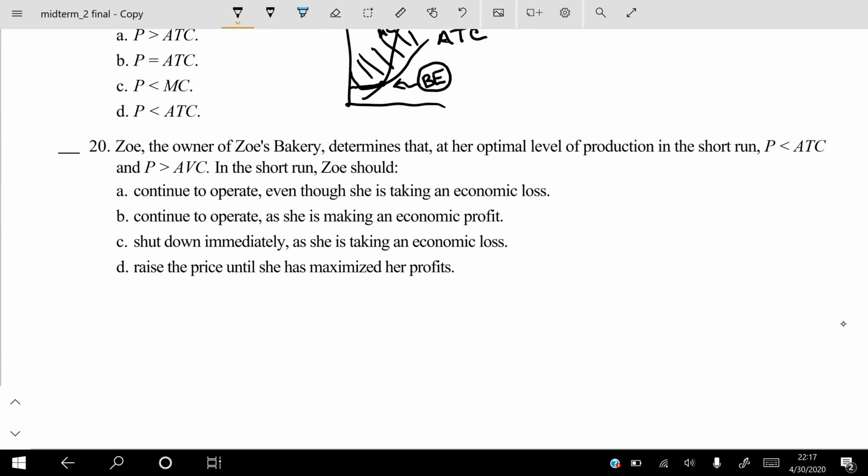So we're given two pieces of information. Since price is greater than the average variable cost, well, that means price is above the shutdown price.